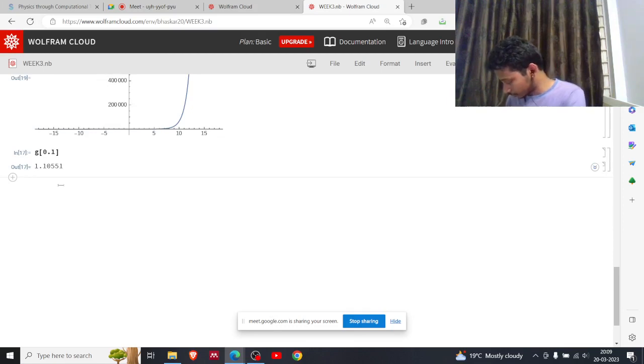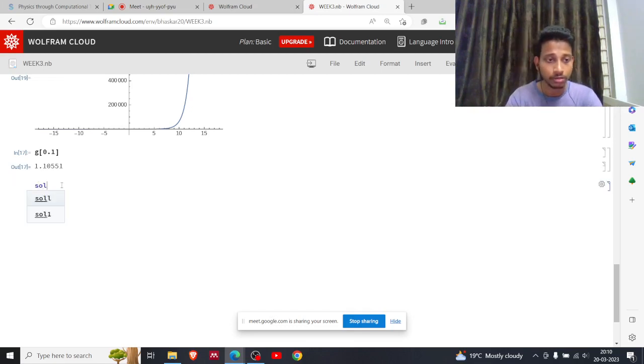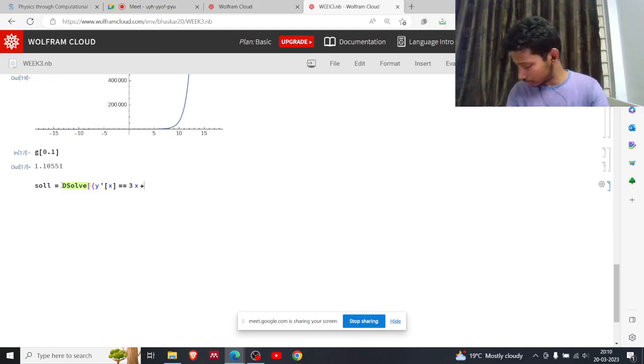Now in the last example, where I have shown a table and compared the values obtained from Euler method, modified Euler method and Runge-Kutta method, the problem was solve y dash of x equal to 3x plus y, y of 0 equal to 1.